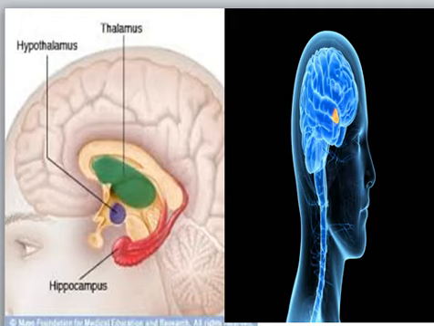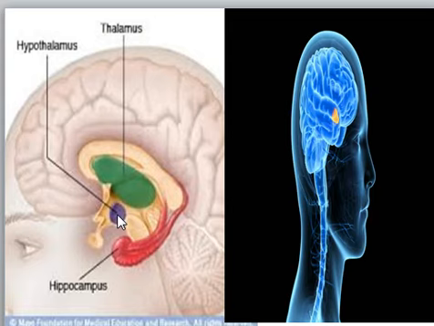You see here that the hypothalamus is located at the brain, and it forms the wall of the brain ventricle. In the brain we have three ventricles which contain the cerebrospinal fluid, and we see that the hypothalamus is under the thalamus, so it is hypothalamus.